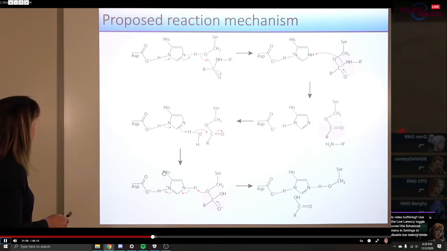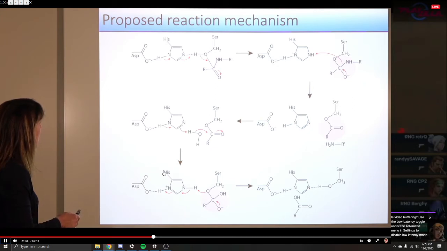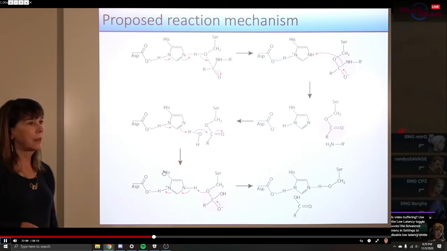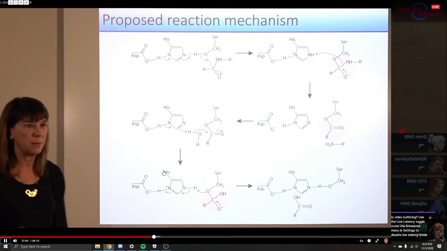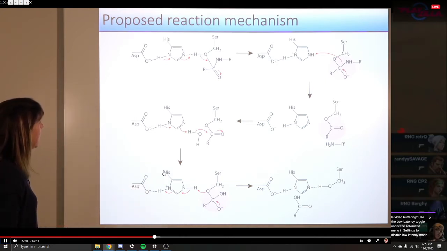Right, so here you have this serine here. It's activated by this histidine and aspartate, so you're kind of pulling along the protons on here. But this then attacks the carbonyl carbon here. This does not attack as an alkoxide, because that just doesn't make any sense. But it's this kind of pulling the protons along that you end up with a tetrahedral intermediate here. All right, and here's your oxyanion.